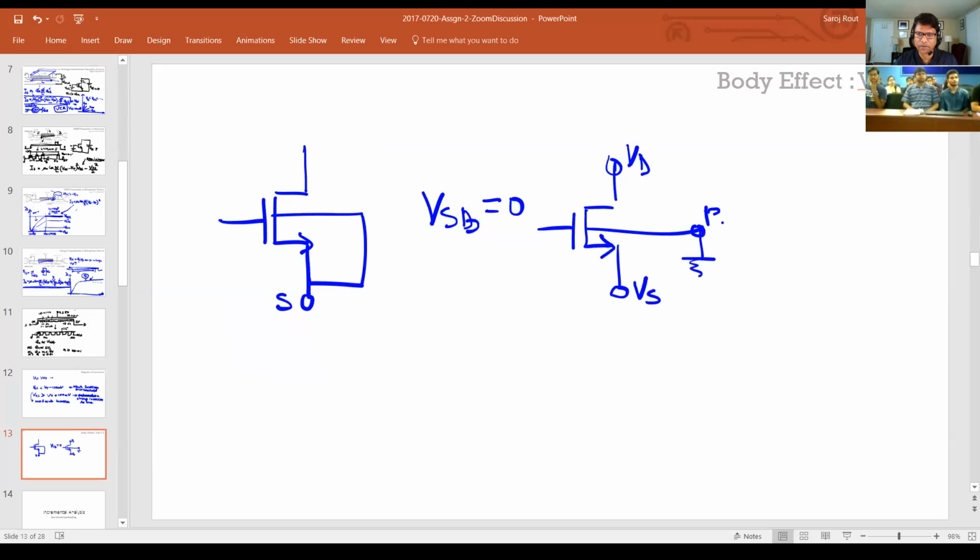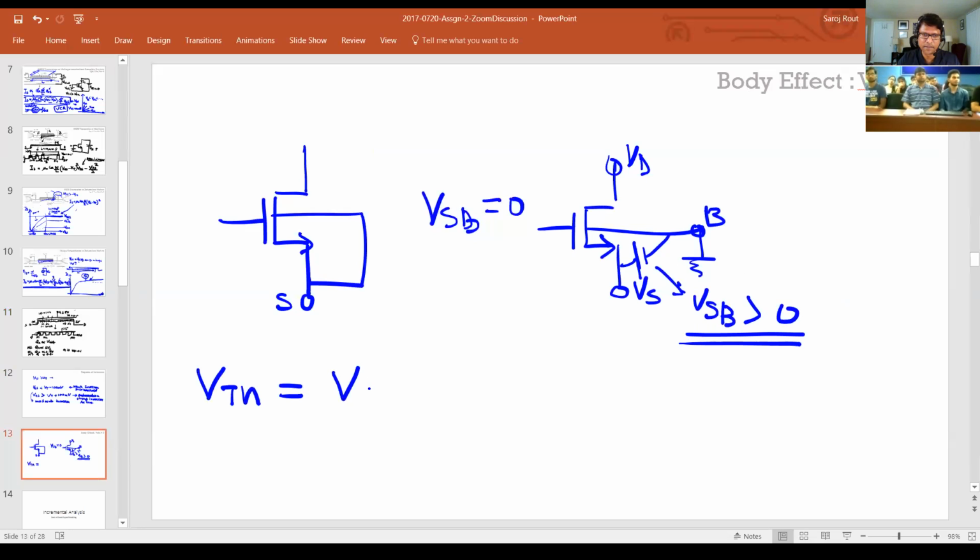And that's your bulk node. And like I said before, in the case of an NMOS, this is always a higher voltage than this, and let's call this voltage the source to bulk voltage, which always has to be positive, like I said before, otherwise you'll forward bias that diode there. If it is greater than 0, then the VTN, which I showed before, is a different expression now.